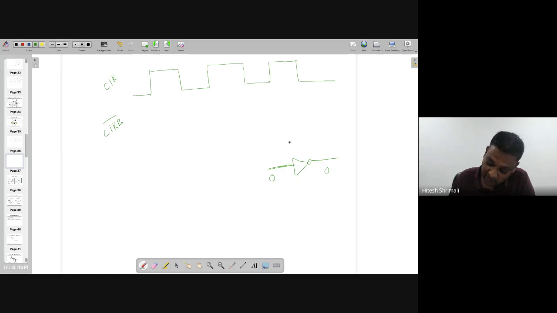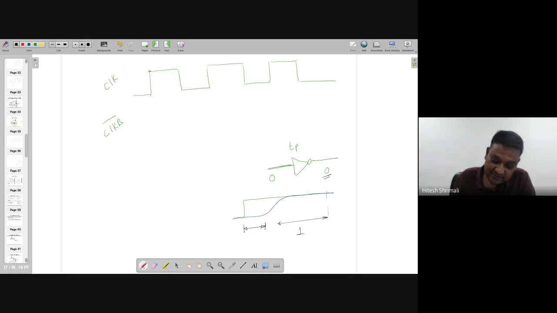Because it's all about the propagation delay. So if the input is like this, the output might be like this. If you look at the output in the small window before the propagation delay, you might see a wrong output, and thereafter it's 1. So you have to give enough time so that you can see the correct output.